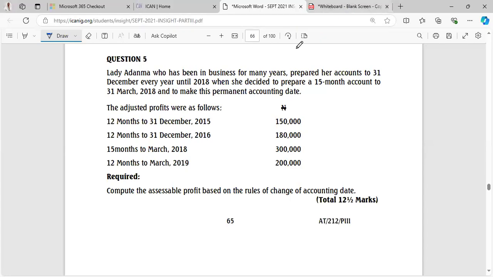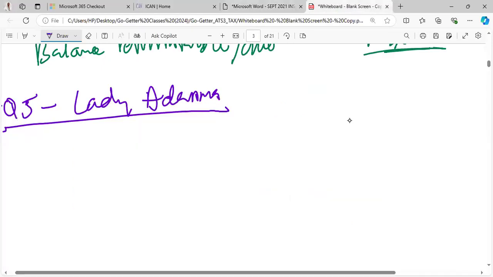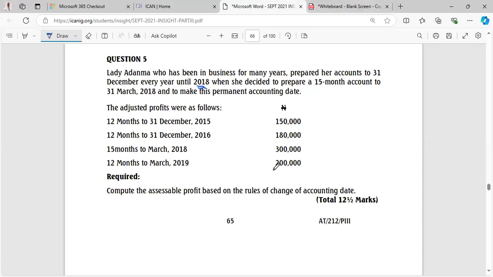Okay, so 2018 is the first year of change. So this is the change of accounting date. What are we asked to do here? Required: compute the assessable profit based on the rules of change of accounting date.